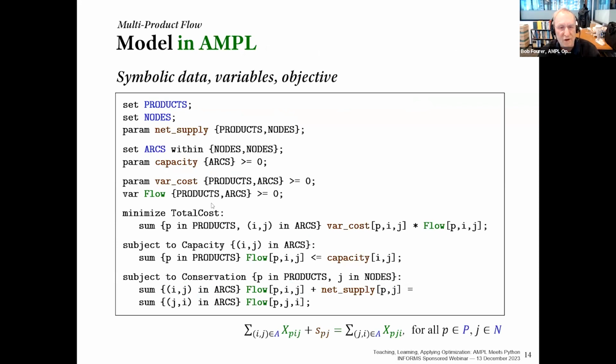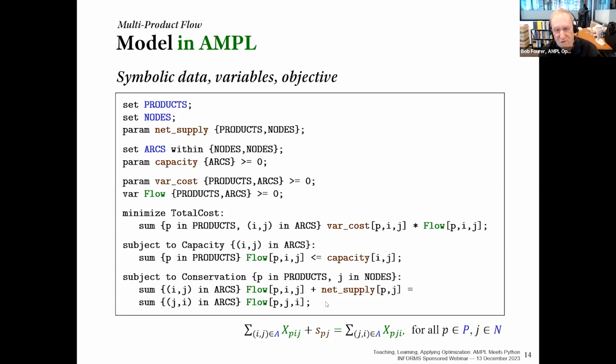And then you see here the objective function, which is the sum over products and arcs of the cost times the amount shipped, and the two kinds of constraints. Here I've written the flow balance constraint, and it's for all products and nodes, just like here. And here I have a sum over arcs of X^p_ij, and here I have the same thing, except instead of X, I've called it flow to make it more obvious.